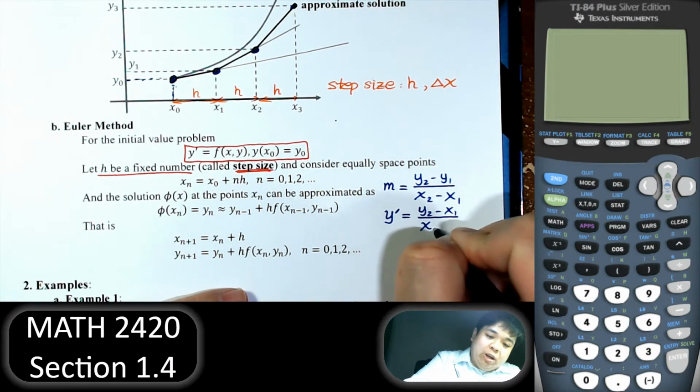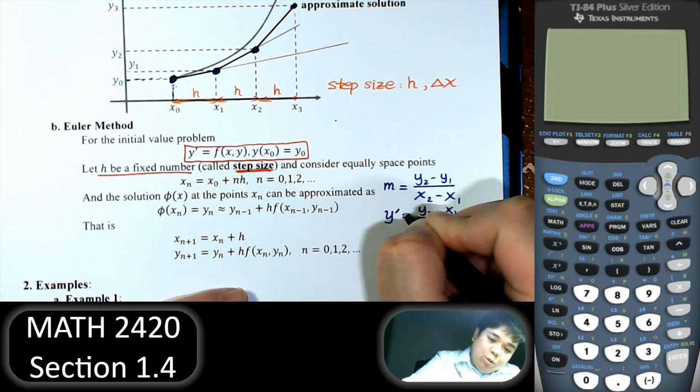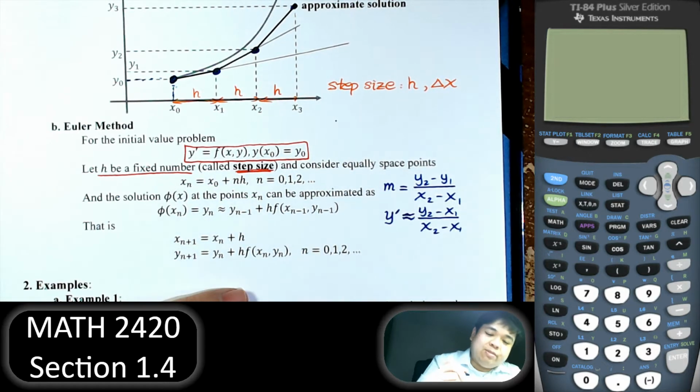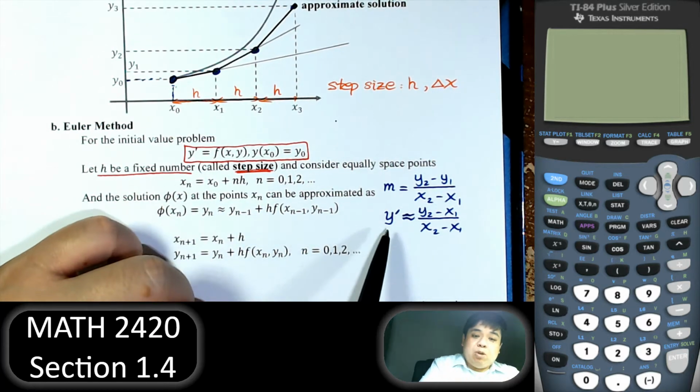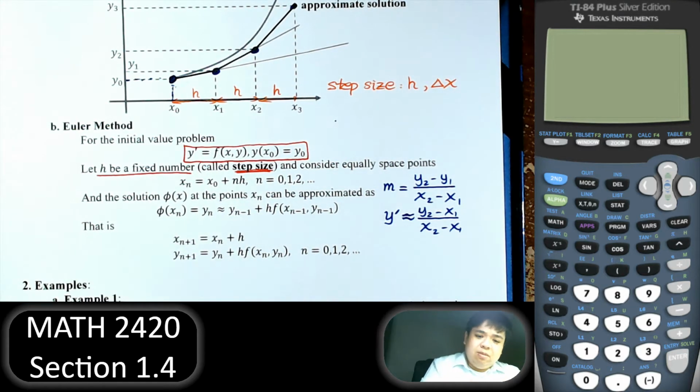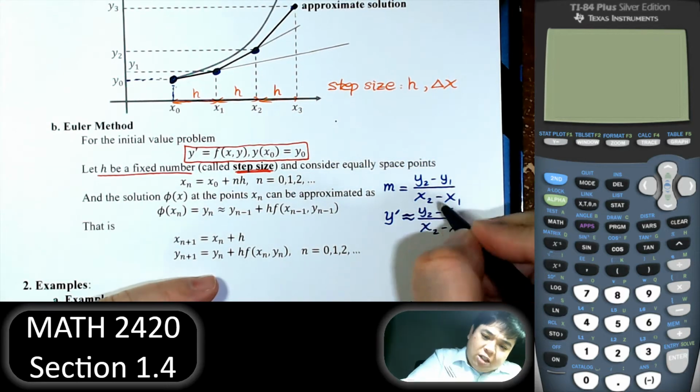Actually we cannot use equality, we just use approximation, because m is the slope of the secant line, but y prime is the derivative at the point, the slope of the tangent line, therefore it's not exact. So that is y1.